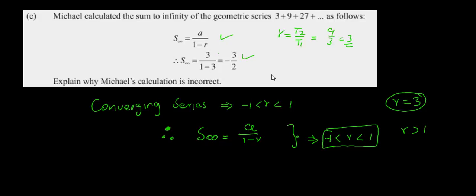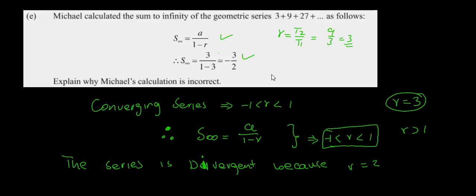So to answer this question, we're going to say that this series is divergent because we have r as 3.